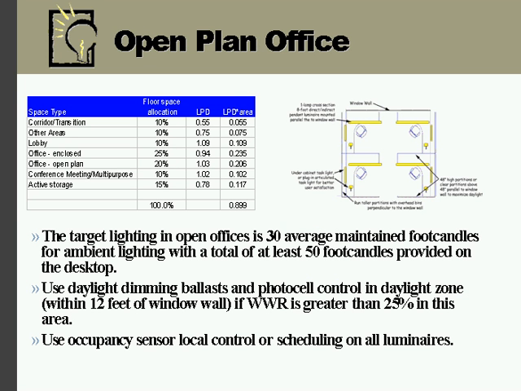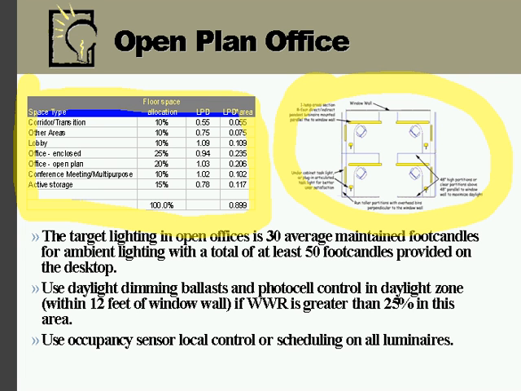So then we go back to the Advanced Energy Design Guide. Here's this chart we already saw that shows us the space types, floor allocation. So we now create a little guide that you can see here on the right-hand side that looks at, in this case, open office and what you would do in an open office.